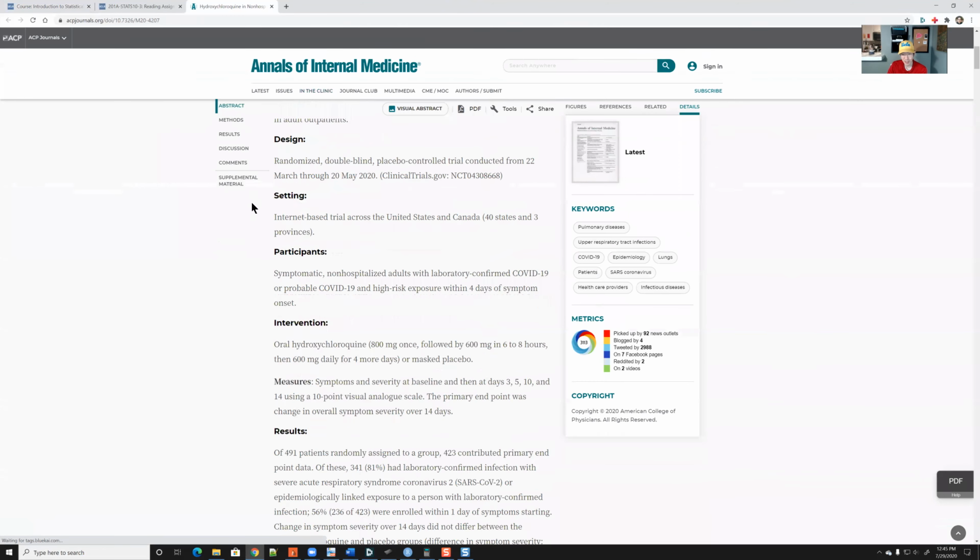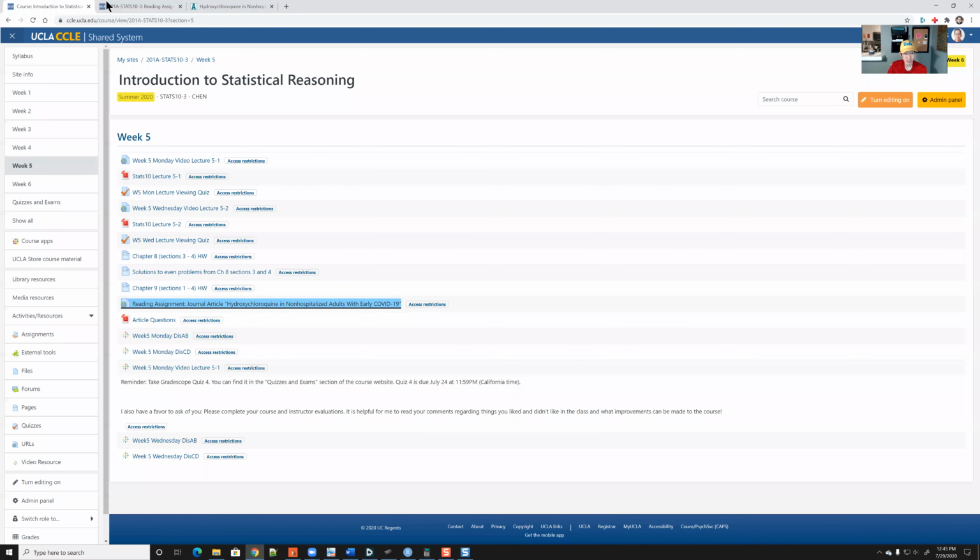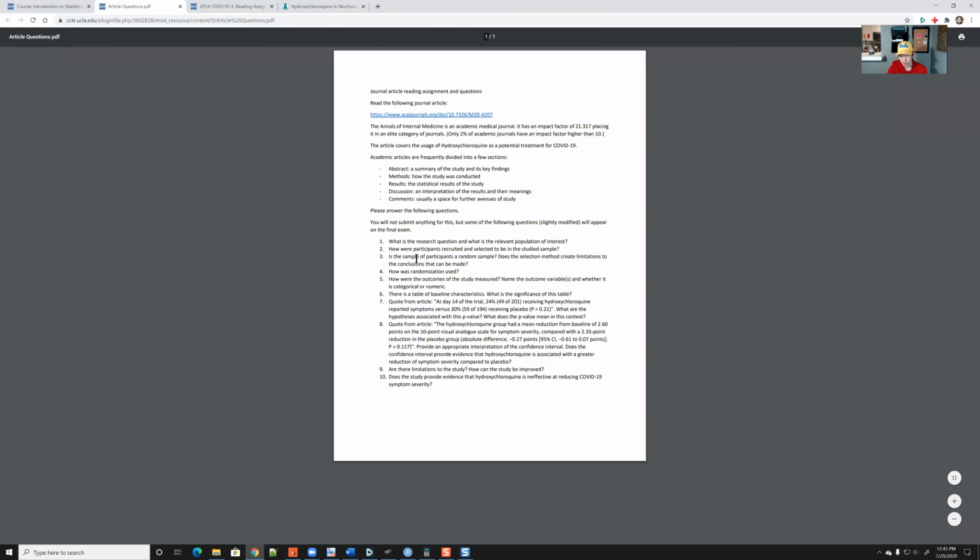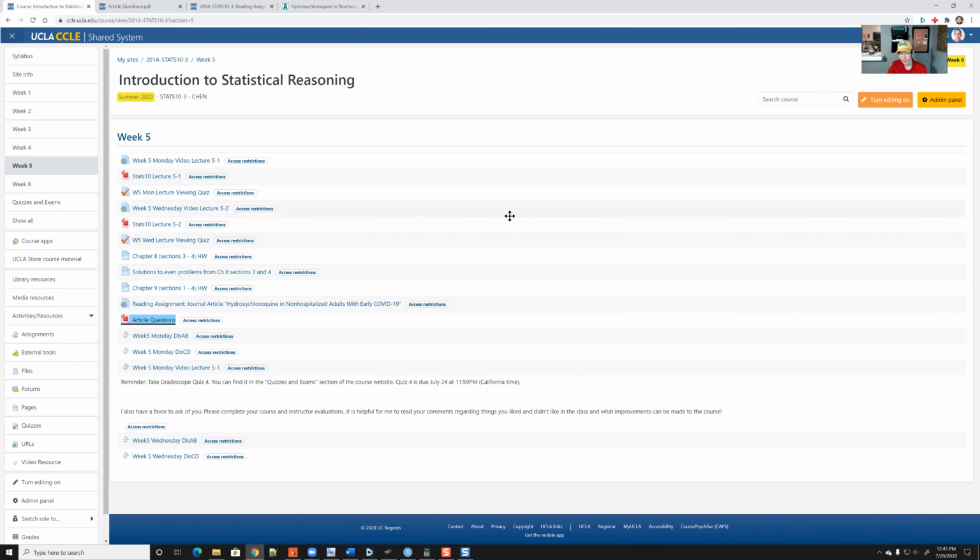You're not banned from reading the article, okay? And then I imagine you already have a notepad somewhere where you've written the answers to these things. So if you refer back to that, I imagine that should be good.